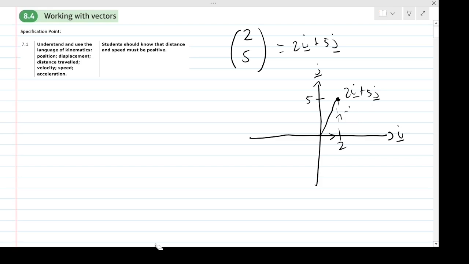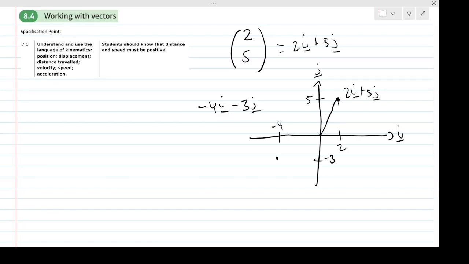Another example, very quickly, let's say we write down the vector minus 4i minus 3j. If we were to plot this vector, again i is X basically, so minus 4 on the X axis would be there, then minus 3 will be down here.